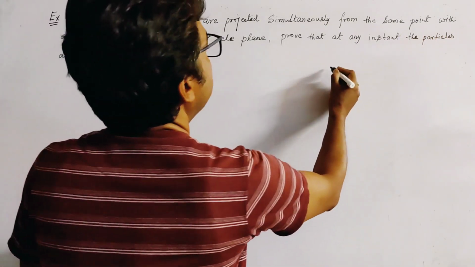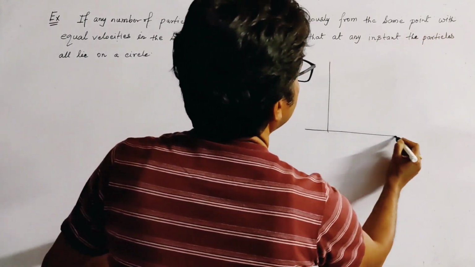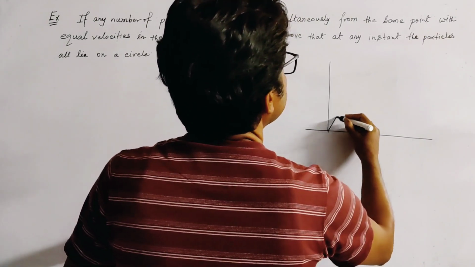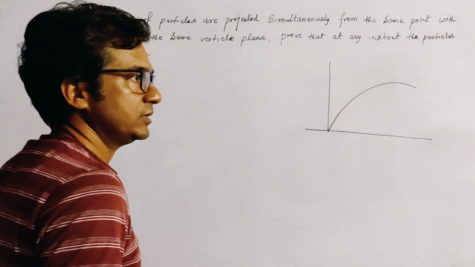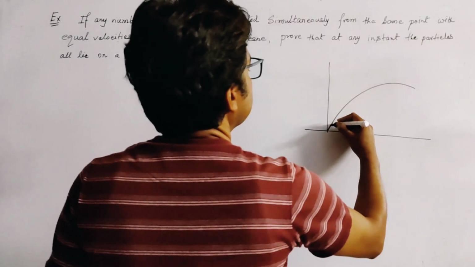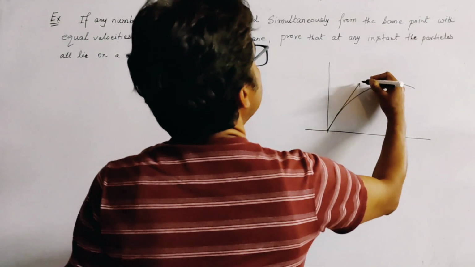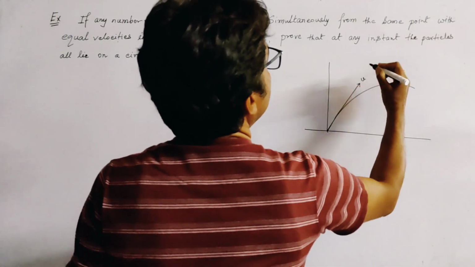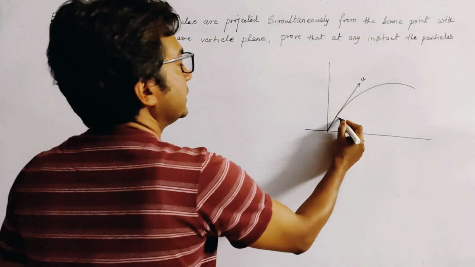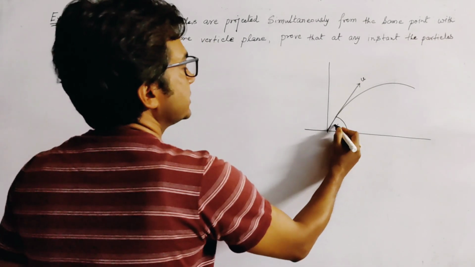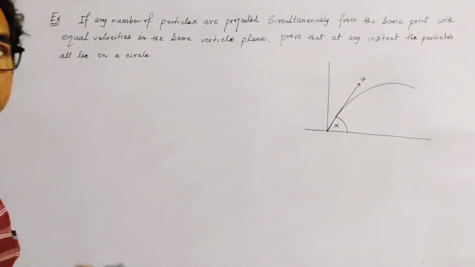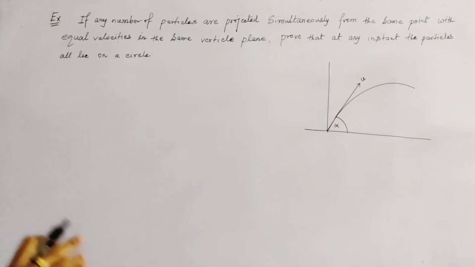We draw a rough sketch of any one particle. Let this be the projectile. And the velocity is same for all the particles, u, but this may be different. This is the angle of projection. It may be different for different particles.